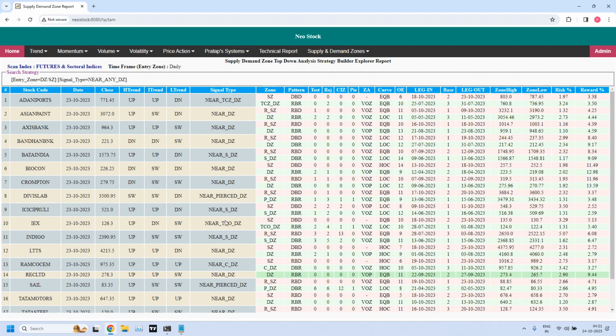Still these demand zones held, which means maybe there could be some good pending orders in this demand zone. This is just one clue, because I developed the algorithm in such a way that stocks near demand zones came very close and didn't get inside. Probably tomorrow they may get entry, but there is a possibility.